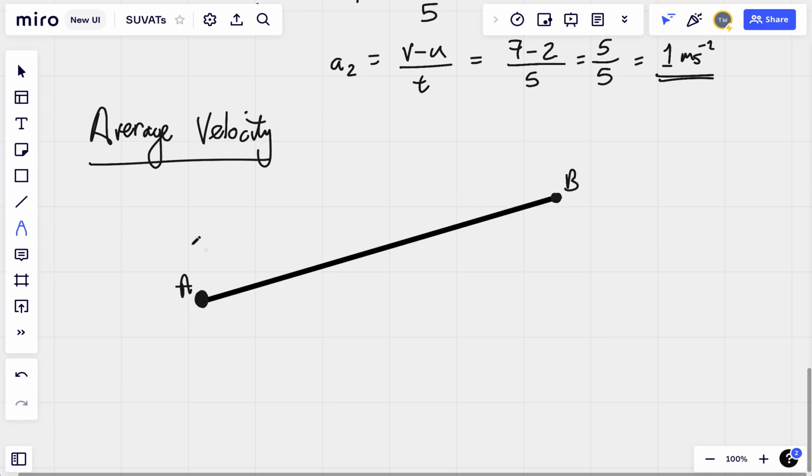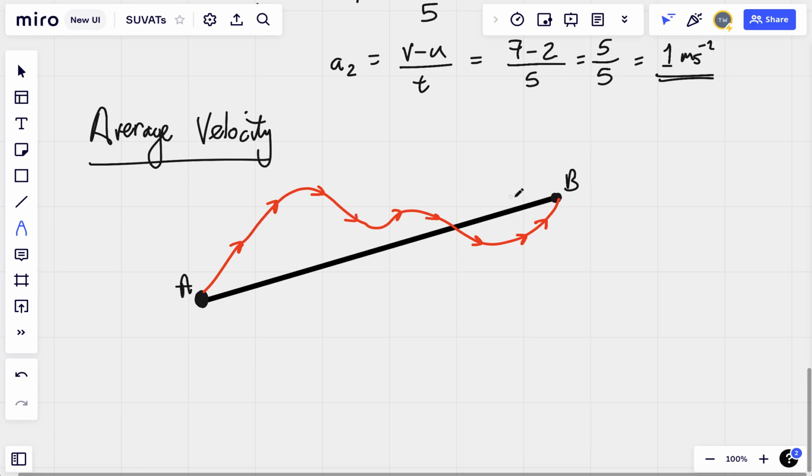We don't go in a straight line. So if I have my journey and I might do something like this, notice how for every step of the way my velocity is changing, even if I'm traveling at the same speed, because my direction is changing.